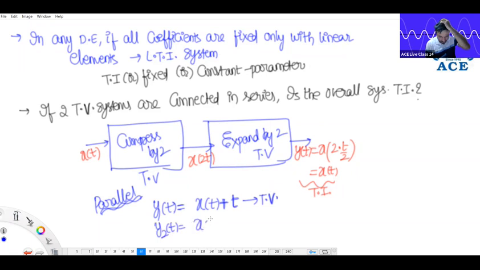Suppose we have taken another system like x of t minus t. Then also it is time variant. After doing addition, the new system can be invariant or not. After addition, the new system is an invariant system.